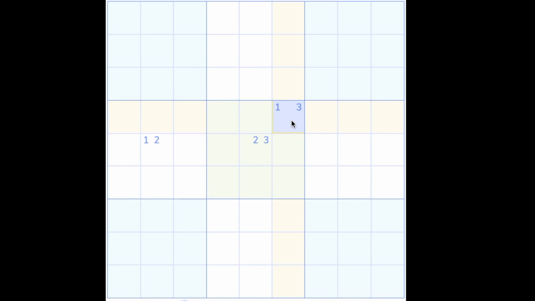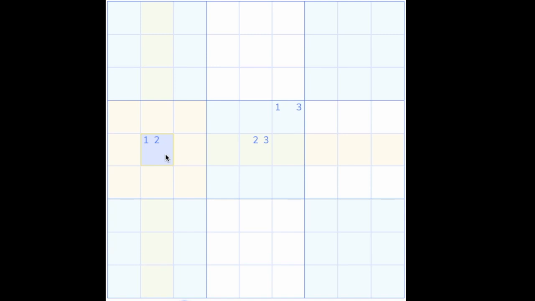Okay, 1 and 2, 2 and 3, 1 and 3. Now what we are concerned with is this square and this square, and in particular digit 1 of this square and this square. So this one and this one. It must look like this.